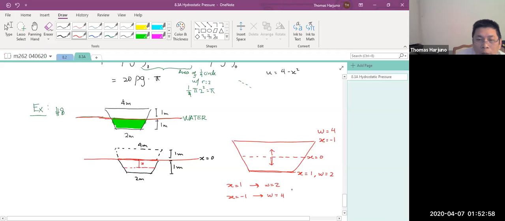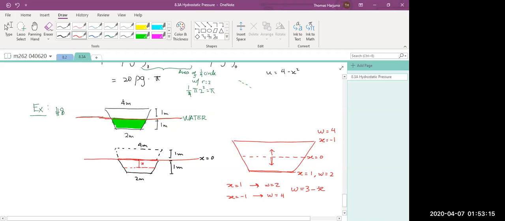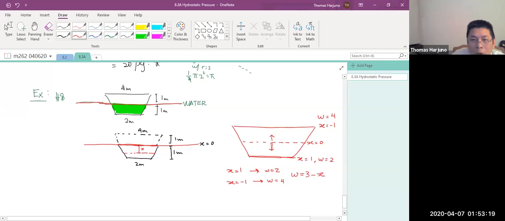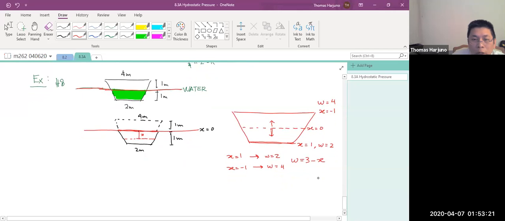Then can we find the width as a function of x? 3 minus x. Now, if you have a hard time with this, you can do the following.